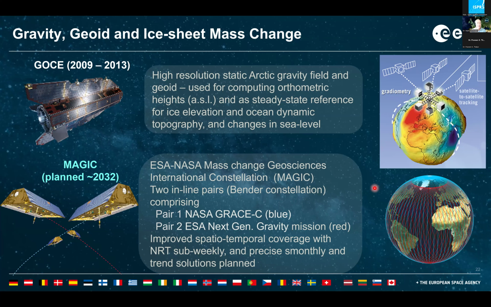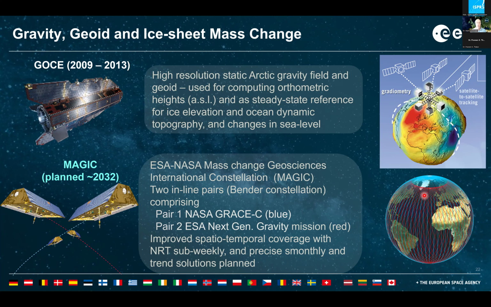MAGIC is the ESA-NASA Mass Change and Geosciences International Constellation, as it's known. This is going to comprise 2 inline pairs of a mission like GRACE today, except we'll be comprising the 2 pairs of missions in what's known as a Bender constellation. So one pair, which is NASA's GRACE-C mission in blue, indicates one set of orbits in high polar inclination.